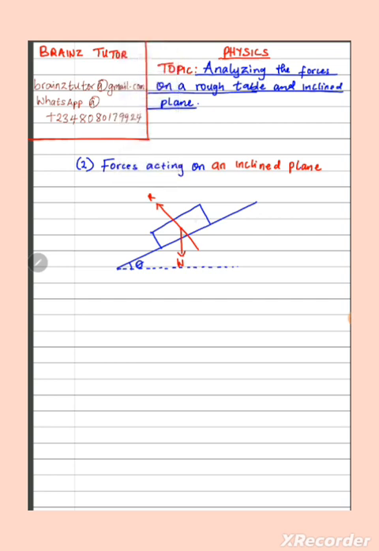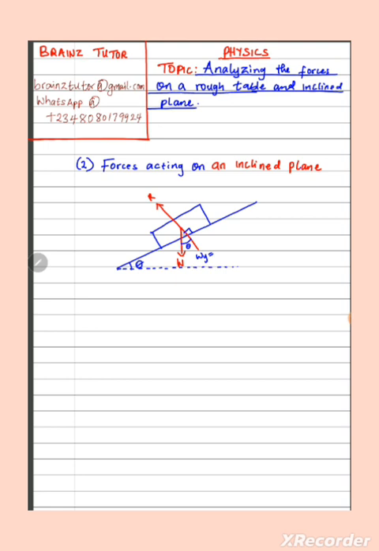Let me change it. Okay, it is perpendicular to the plane of action, and we can see that this weight is now inclined at angle theta to the reaction. So we can see that our weight now has two components. It's going to have the y component.